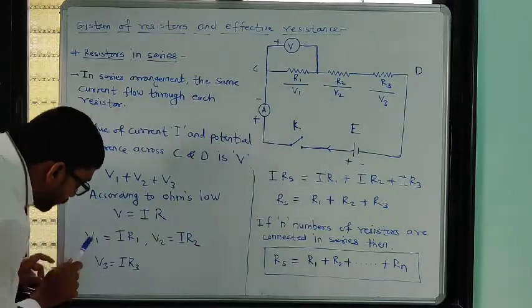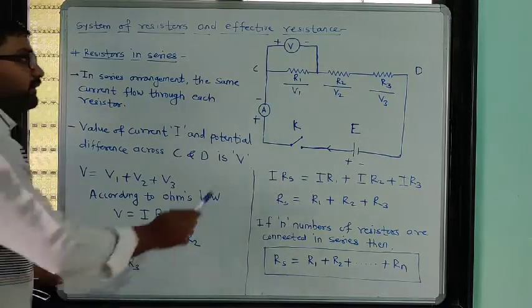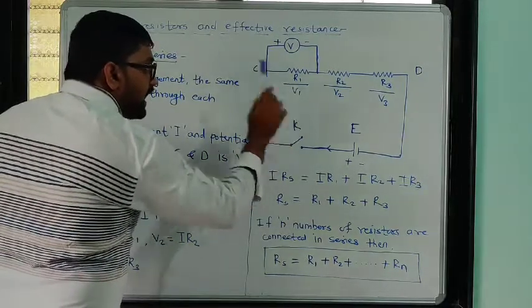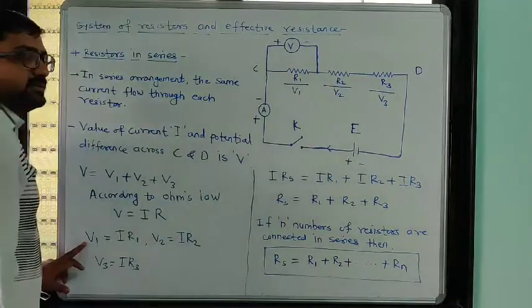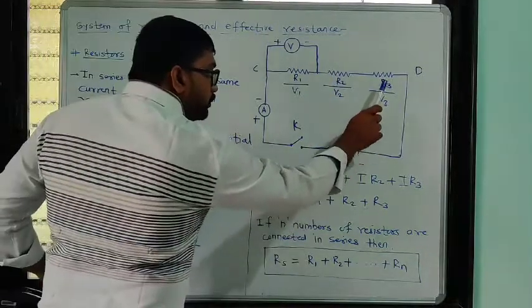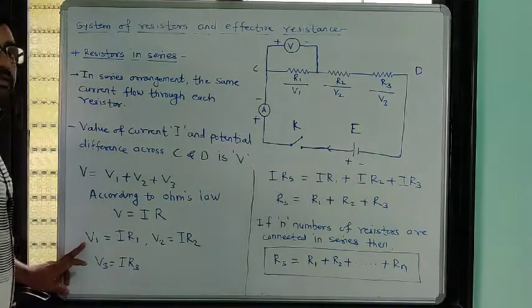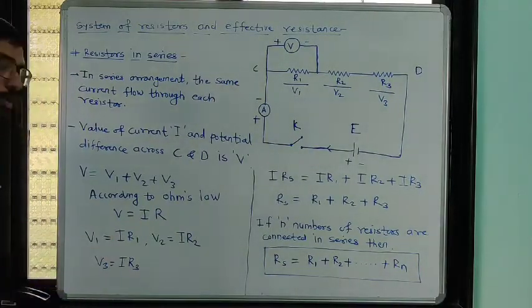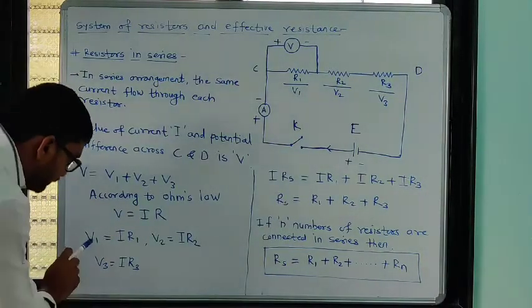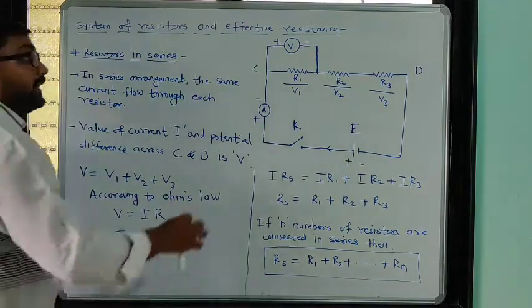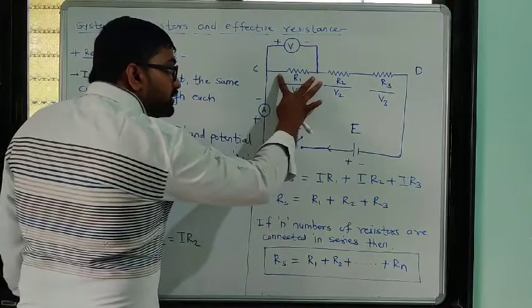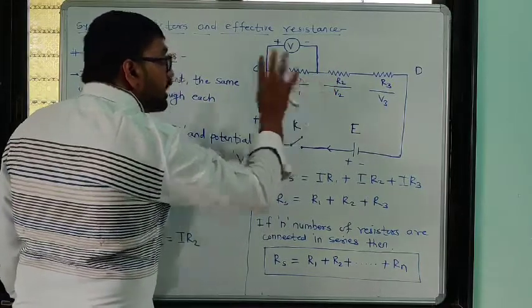So we can say that V1 is the potential difference across resistor R1, V2 is the potential difference across resistor R2, and V3 is the potential difference across resistor R3. So by using Ohm's law, V1 is equal to I into R, but this V1 is the potential difference across resistor R1.